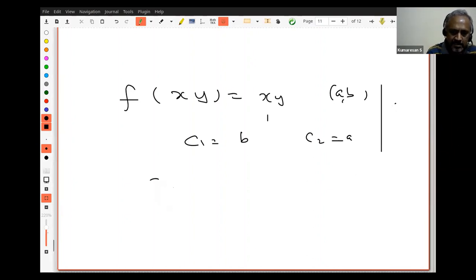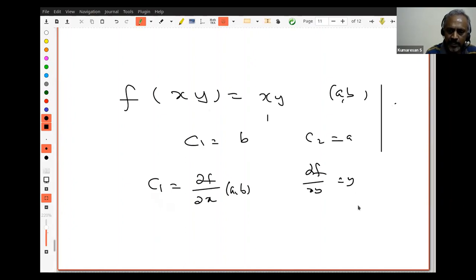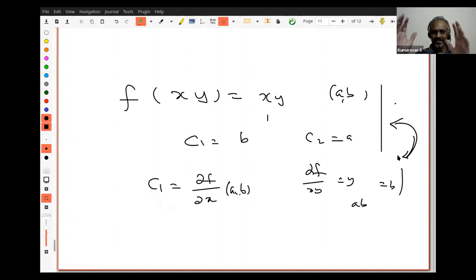And in the second lecture, I said this is del F by del X at the point AB. For this function, what is del F by del X? It is Y. Therefore, at the point AB, it is B. But did you connect these two things is what I'm asking. This is a result which you proved.